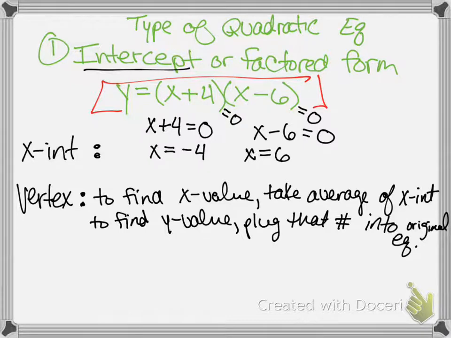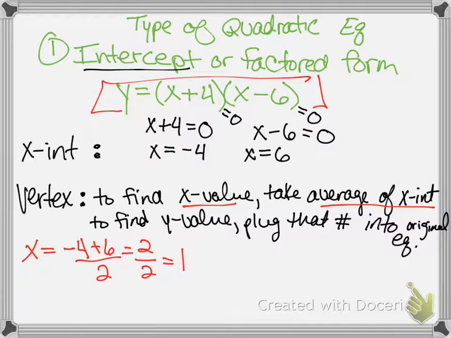To find the x value, you want to take the average of those two x-intercepts. So I'm going to say x equals, and I'm taking the average of negative 4 and 6. So I'm going to add them up and divide by how many items there are, which is 2. So I have a positive 2 divided by 2, which is a 1. So the x value of my vertex is a 1.